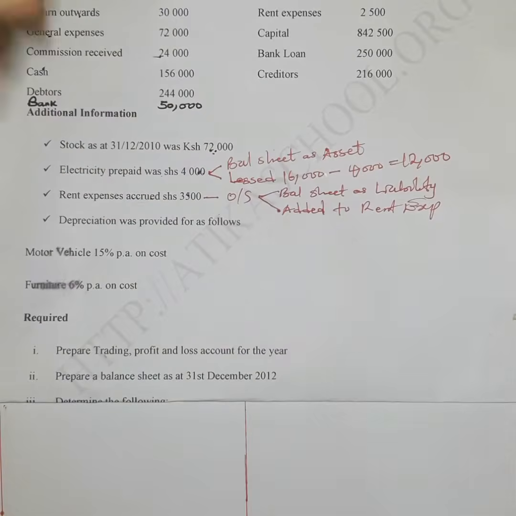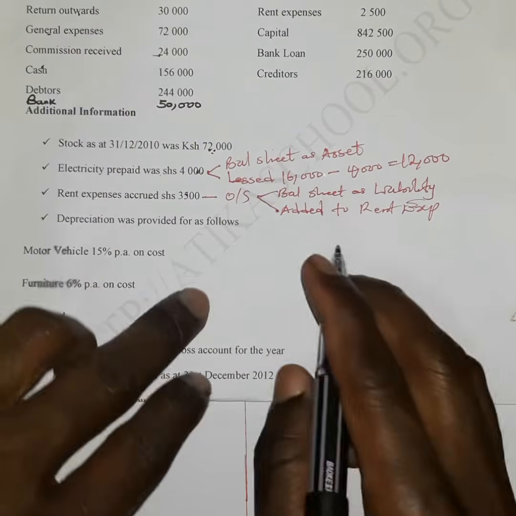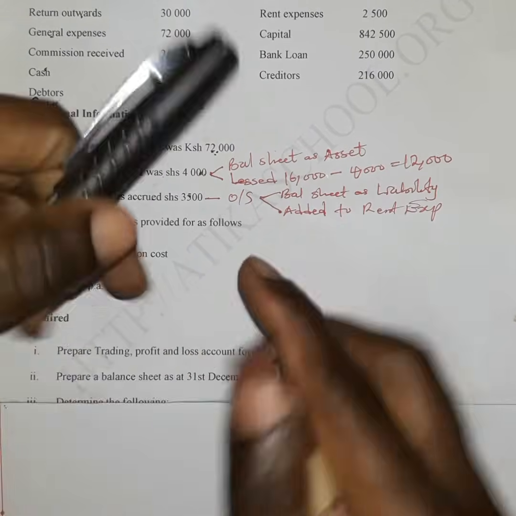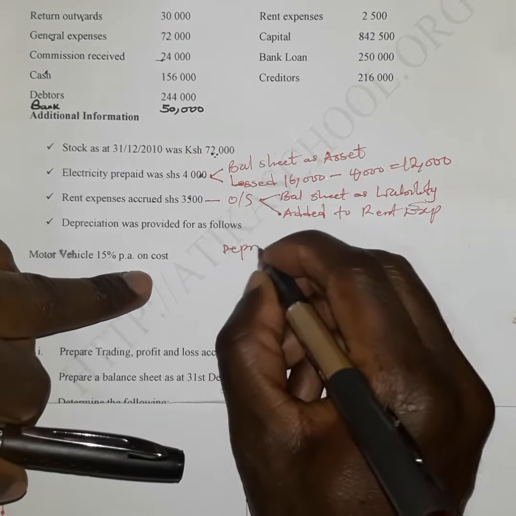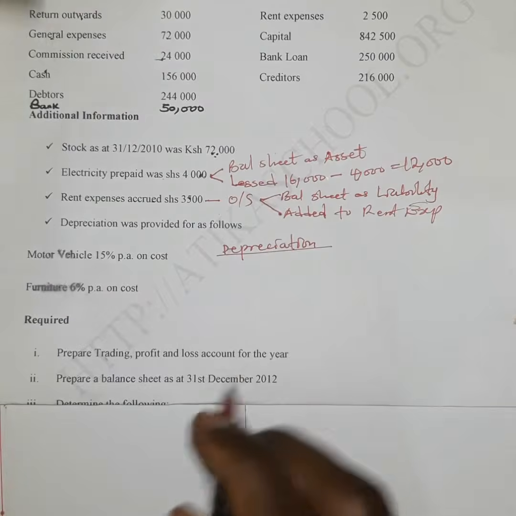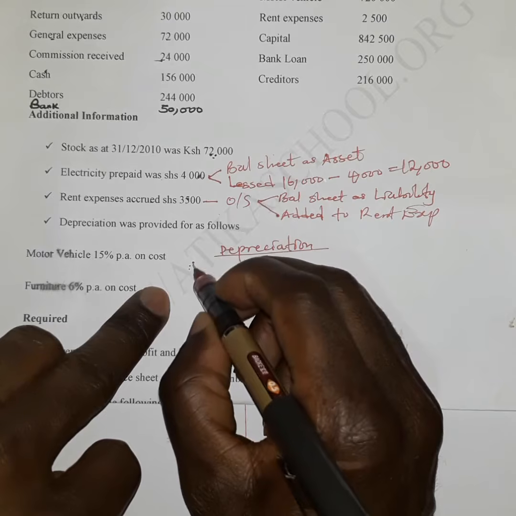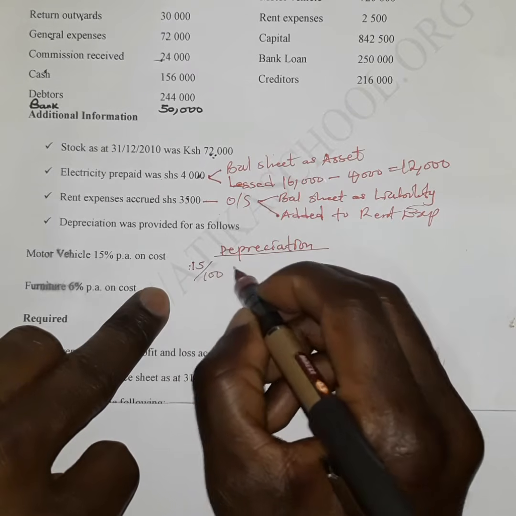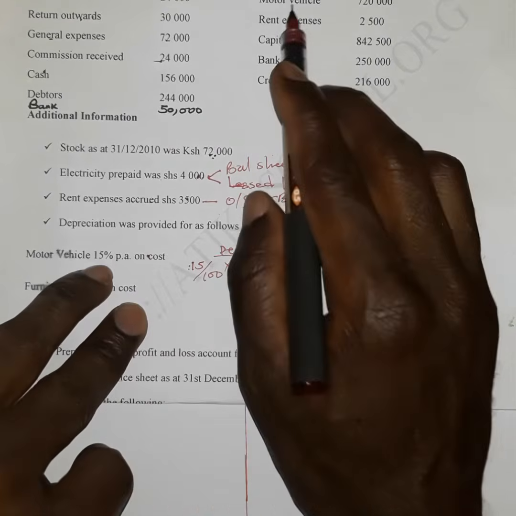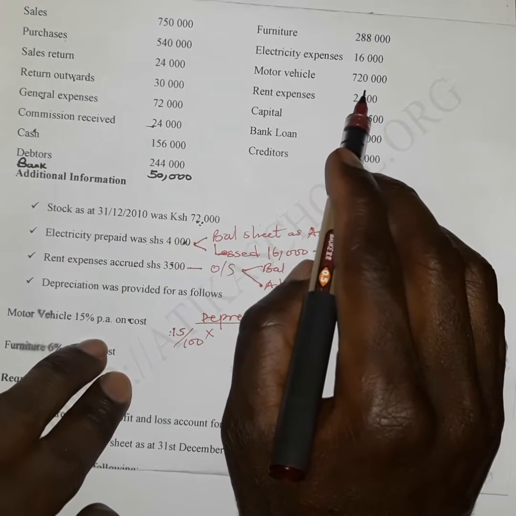Then again, we are given depreciation. So we are given motor vehicle per annum on cost. Again, depreciation is an expense in this particular working. For motor vehicle, we are given 15% times the cost, and the cost of motor vehicle is 720,000.